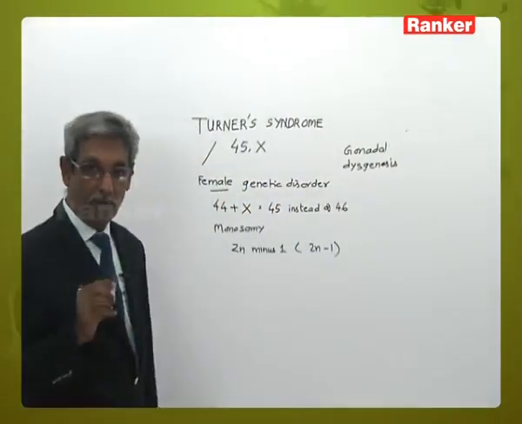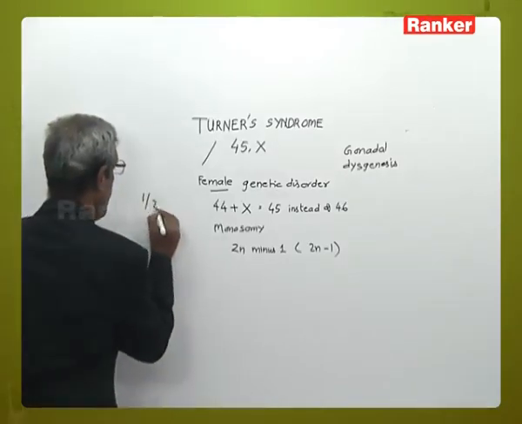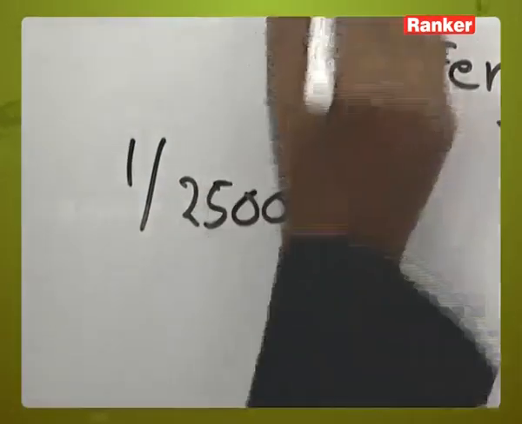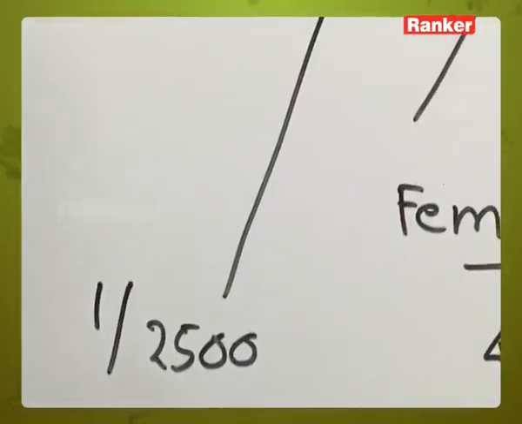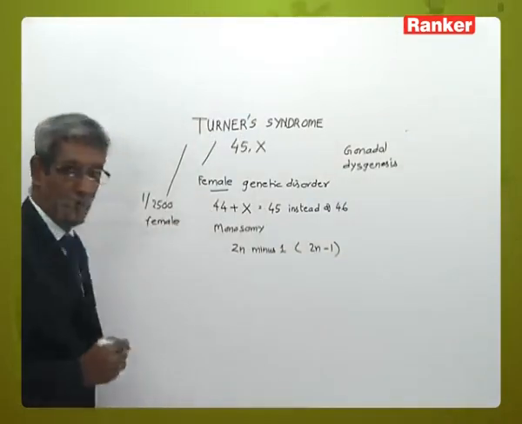And the probability of occurrence of Turner syndrome is 1 in 2500 female births.